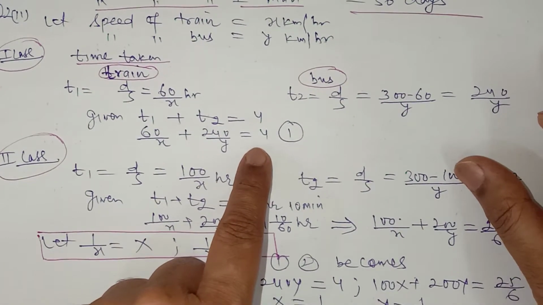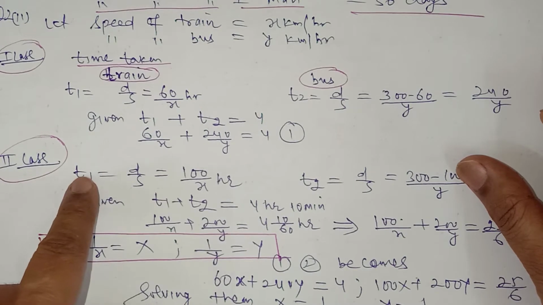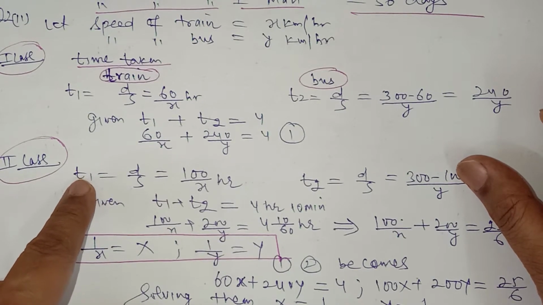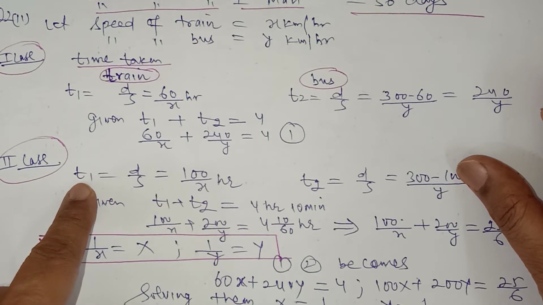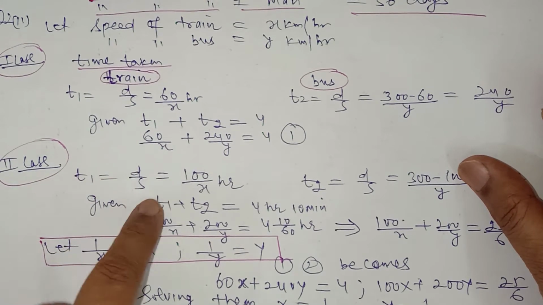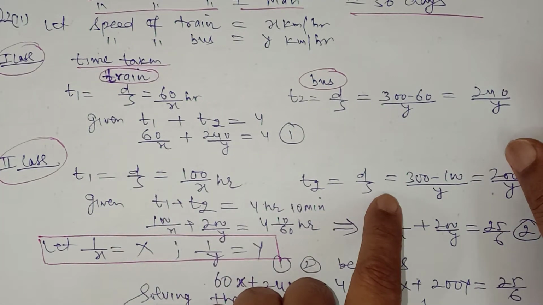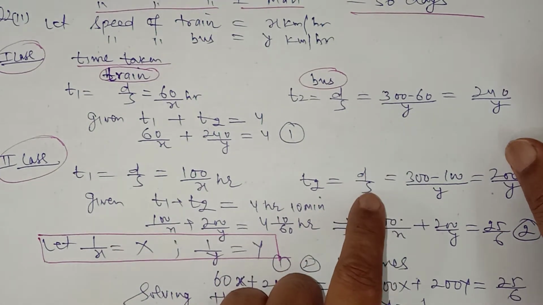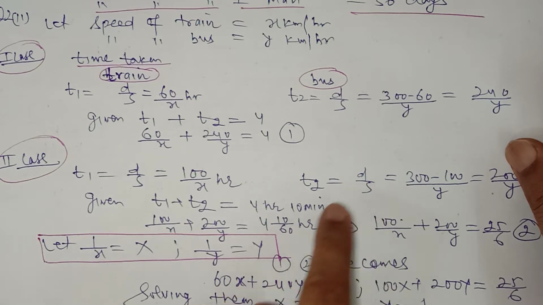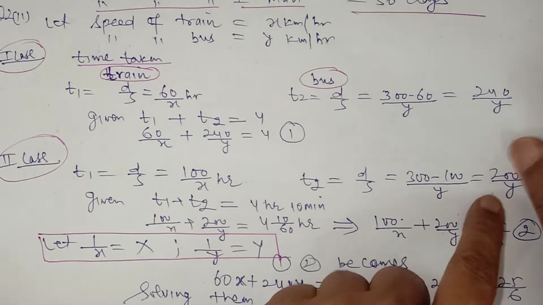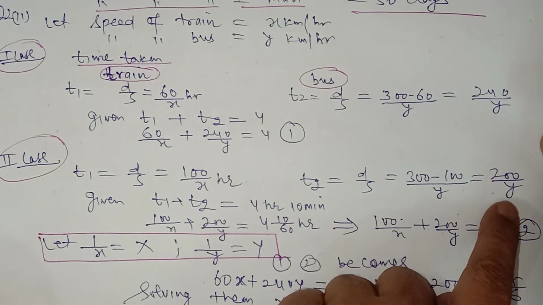Now similarly, the second equation. In the second case, the distance traveled by the train is 100 kilometers. So the time taken by the train is 100 upon x hours, and the time taken by the bus will be distance upon speed, where the distance traveled by the bus is 300 minus 100, that is 200 upon y.